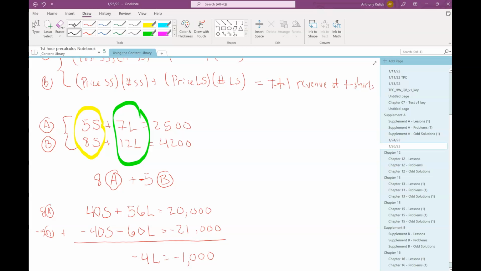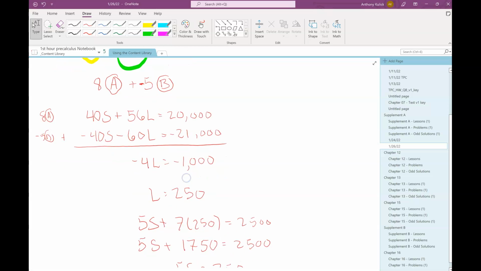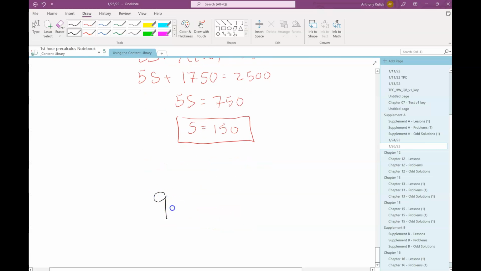This feels like a good place to stop for today. You guys happy with that? So at this point, you guys should be able to do 9 through 18 from the problem set.